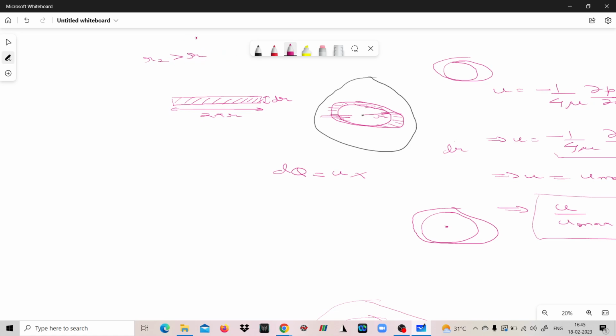Not much, but definitely greater. But if we consider that the thickness of this ring is very small, that is dr is an elemental length, then approximately r2 and r are the same. Building on this idea, I can consider that the area through which the flow takes place across this ring is 2 pi r into dr. So dq is u times 2 pi r into dr.